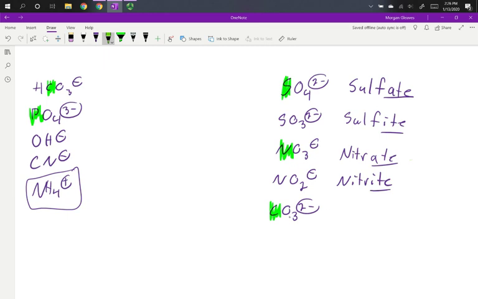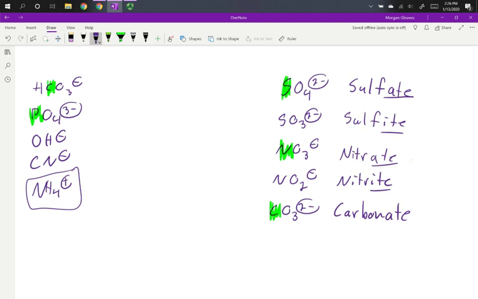If we go down to our CO3 2-, this is carbonate. For whatever reason, we don't cut any part of carbon off, we just slap ate on the end. There is no carbonite. If you lose one more oxygen, you just become CO2. You become carbon dioxide. That's not an anion.